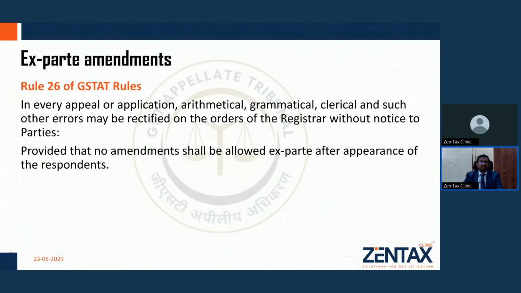Ex parte amendments in every appeal or application, arithmetical, grammatical, clerical, and such other errors may be rectified on the orders of the registrar without notice to the parties. Very small trivial mistakes, the registrar themselves can make some corrections. But if after the appearance of the respondent, after the hearing is being done, then there shall not be any of these minor corrections also.